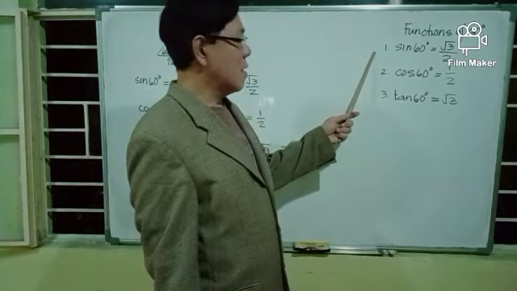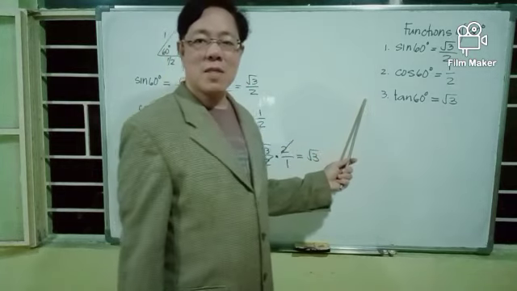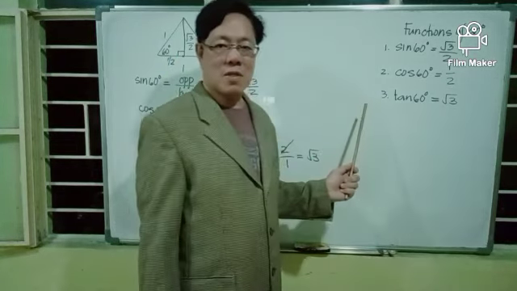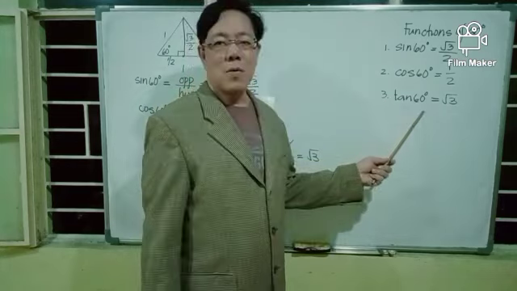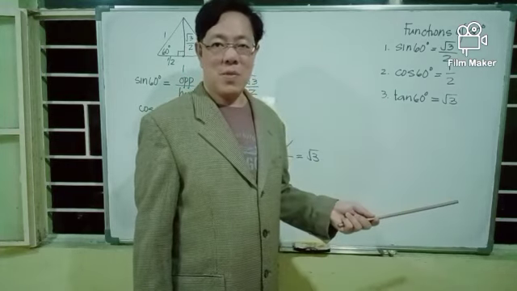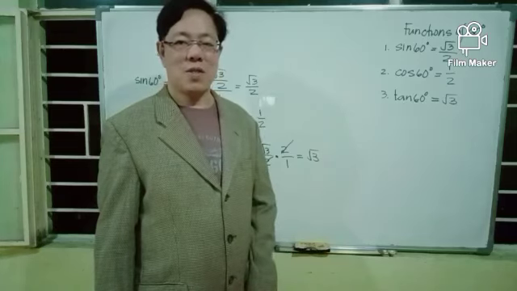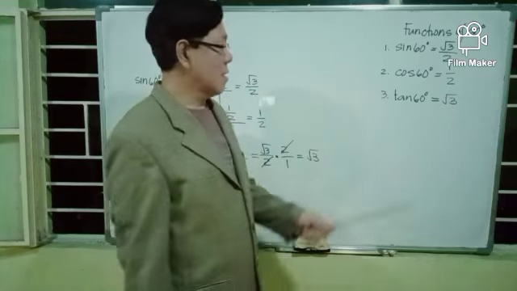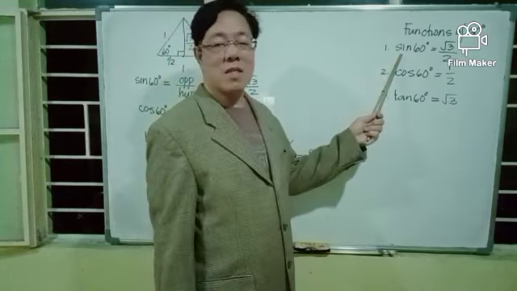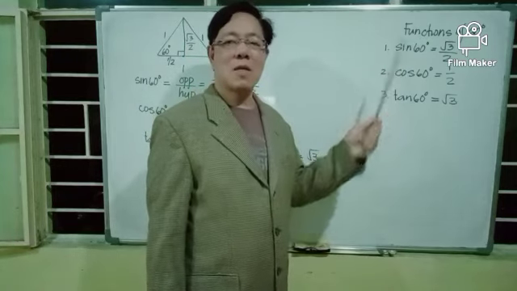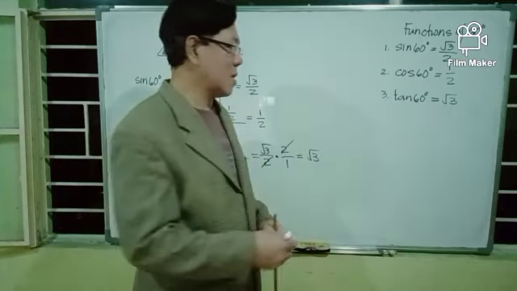From these values of the first 3 trigonometric functions of 60 degrees, we obtain the values of the last 3 trigonometric functions of 60 degrees. And we start with the reciprocal of sine, which is cosecant of 60 degrees.